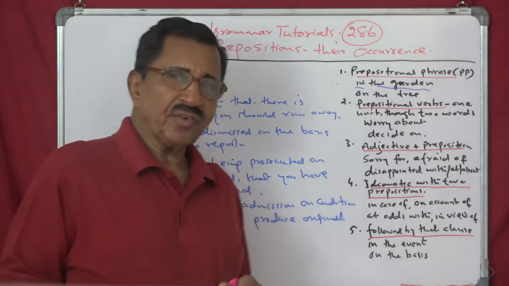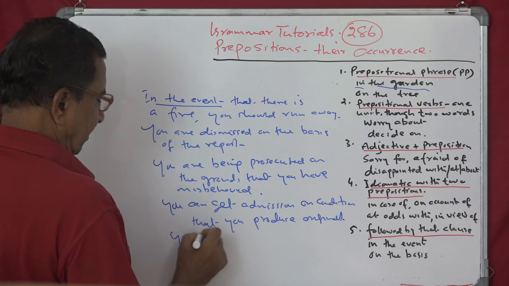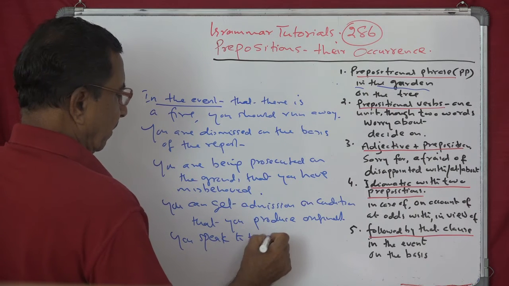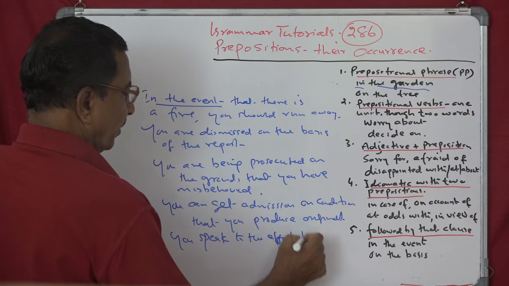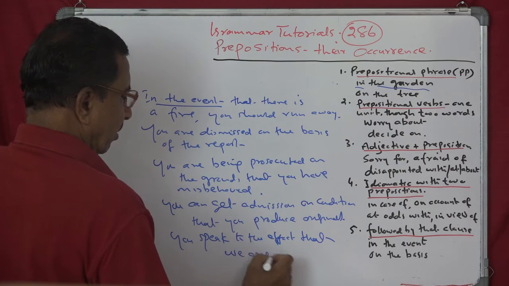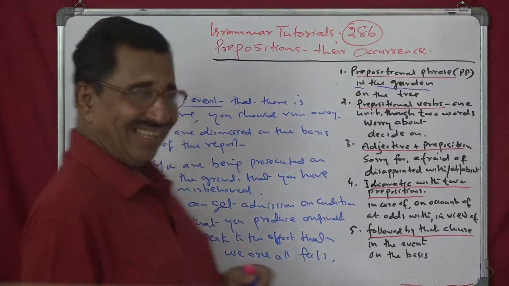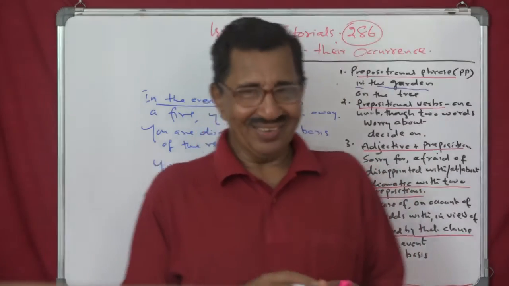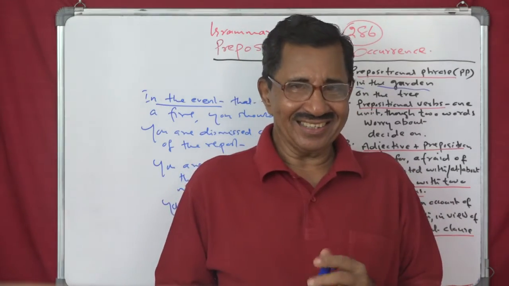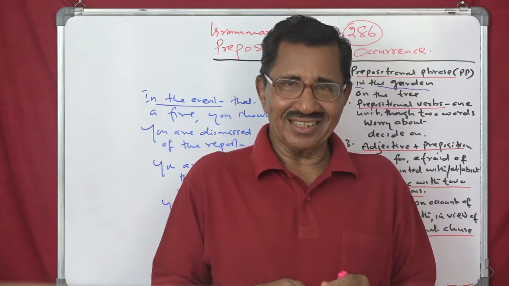He speaks to the effect that, or you speak to the effect that we are all fools. Some people speak like that. They think that the audience is a fool. So all the members of the audience are fools.